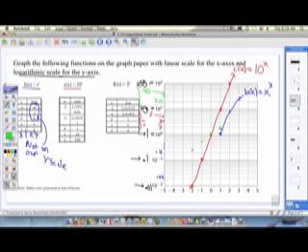Here's 1, there's 2, 4. So there's our f of x equals 2 to the x power.